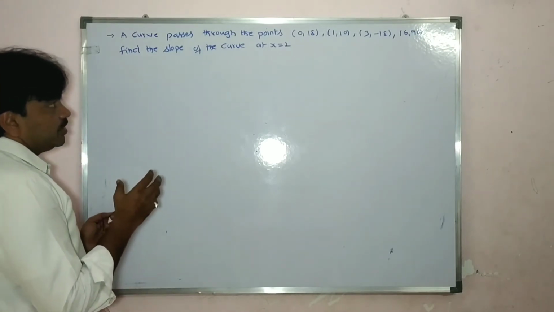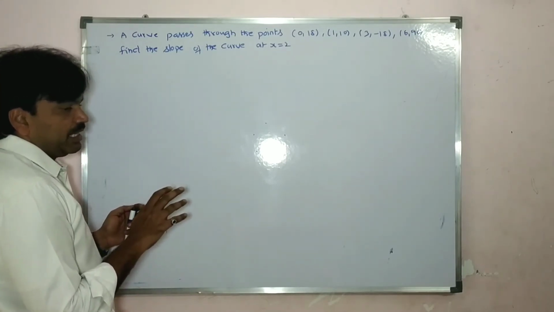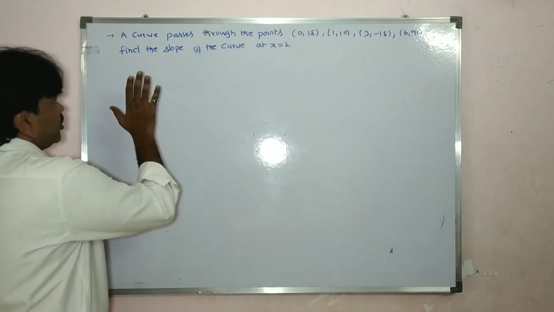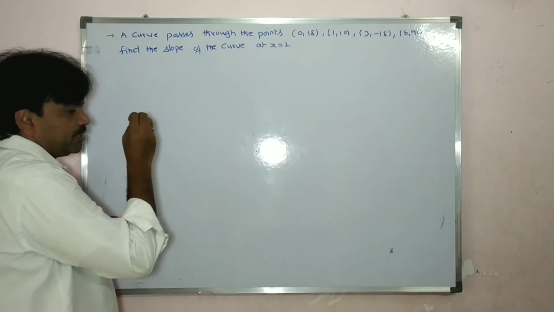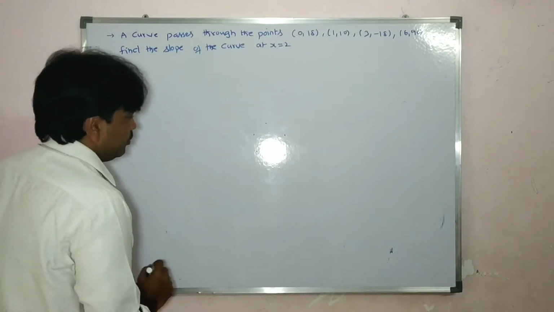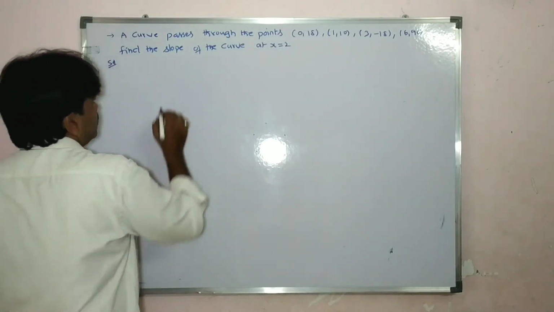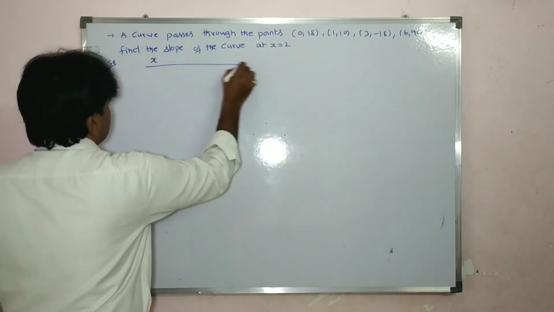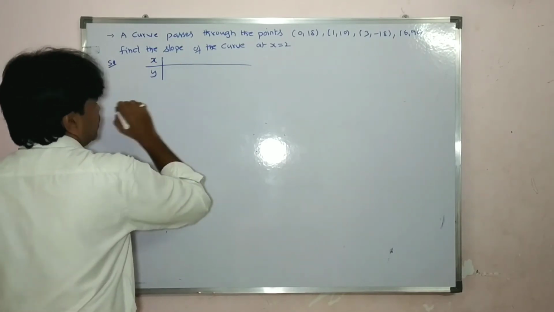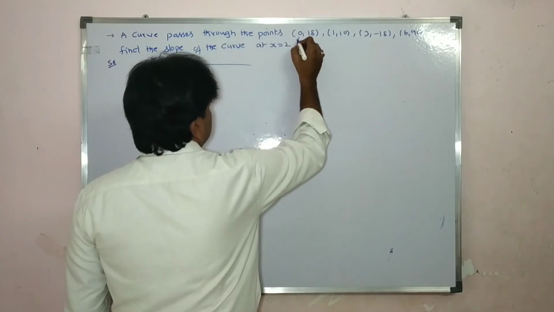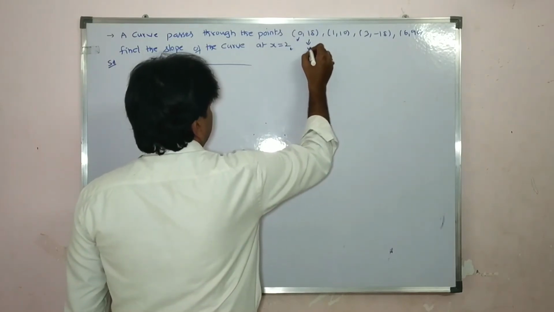See, students, he doesn't mention anywhere Lagrange's interpolation. Whenever you observe such problems, use Lagrange's interpolation. Solution. First of all, you draw the table, x and y. This is the x coordinate and this is the y coordinate.